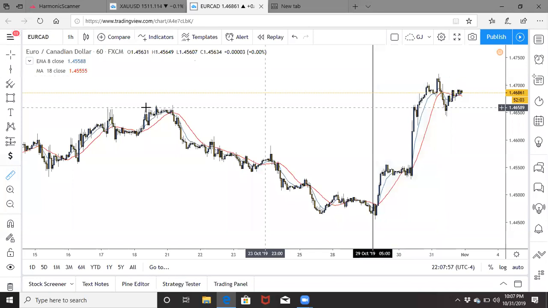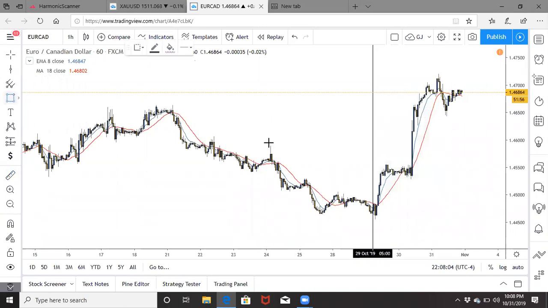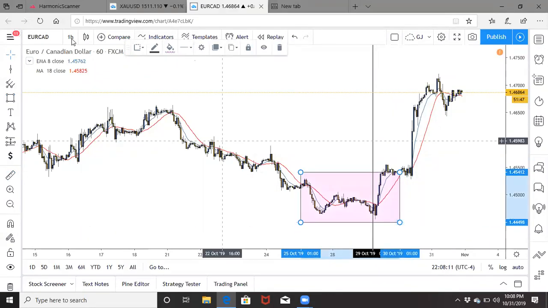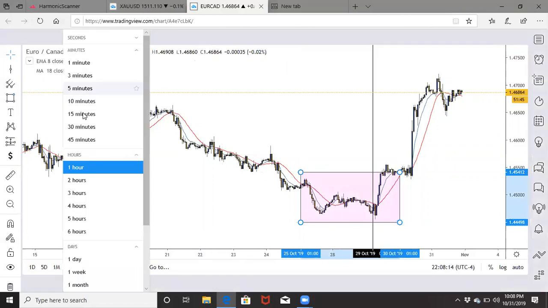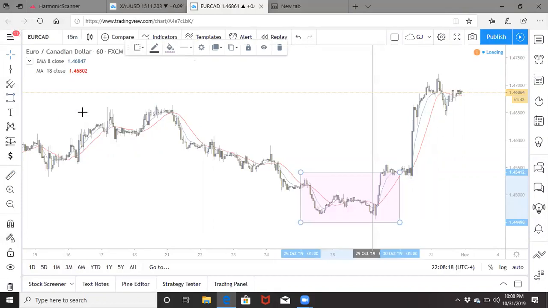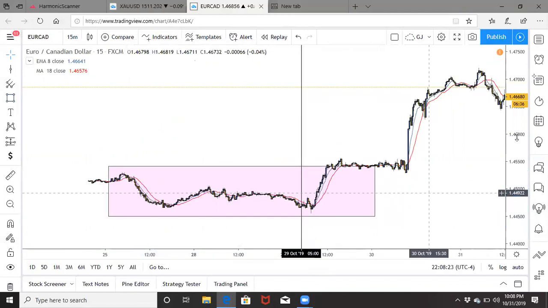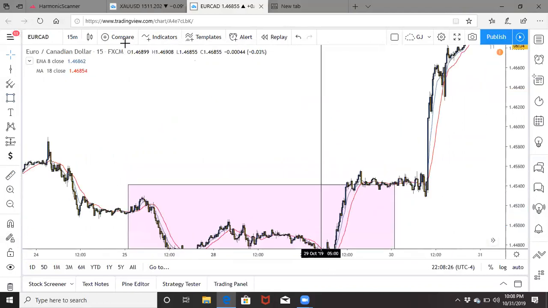Man. All right. So in order for that to happen, though, there has to be a transition on the lower time frames. Let's highlight this and go down to the M15. Actually, let's go to the M30.